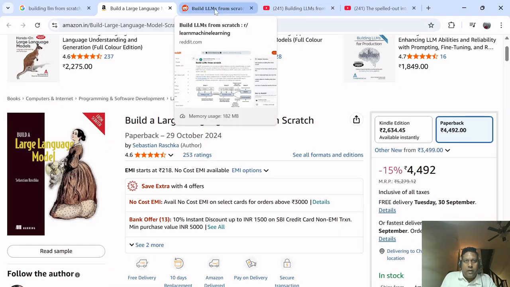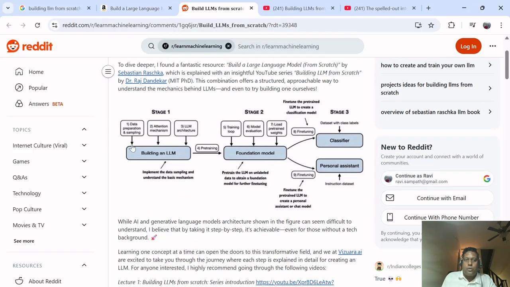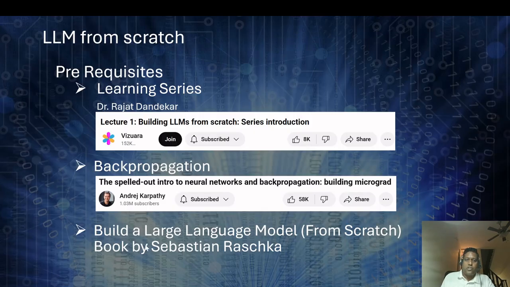What this series is also based on is the way he has put it in stages, right? The stage of building an LLM through data preparation, the attention mechanism, and getting the LLM architecture first, and then pre-training the large language model, the foundation model, and then stage 3 of fine-tuning. This is what we would follow as well in this lecture.